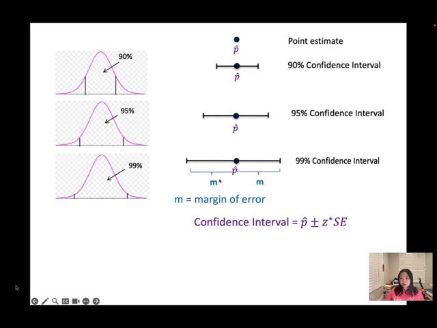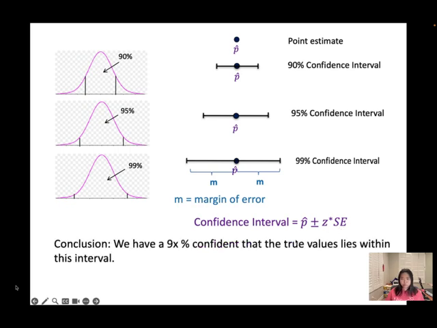Minus the margin of error, you're going to get this point. The SE here is talking about the standard deviation. We do have a formula for this. And when we draw the conclusion, we're going to say we have 90x% (depending on which one you use) confident that the true value, the population proportion, will be within this interval.